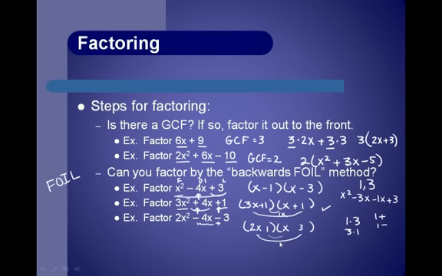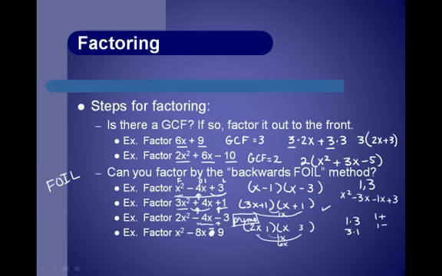Outer 2 is 6x, inner 2 is 1x. 1x and 6x, if one's a positive, one's a negative, will not give us negative 4x. Therefore, this one is prime, which is the expression that we use when we cannot factor the trinomial.